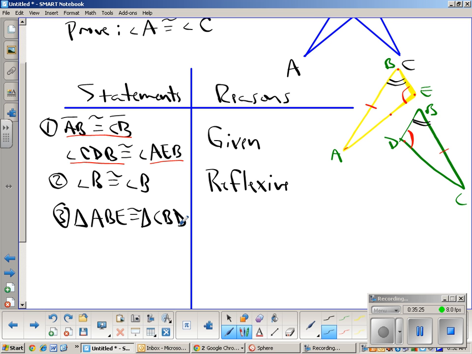Angle, angle, side. That's right. It went angle, angle, and then this side. Okay? So it's angle, angle, side.